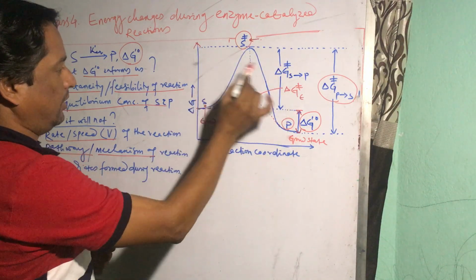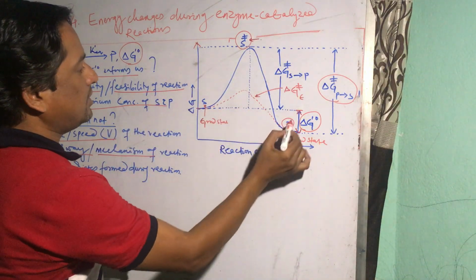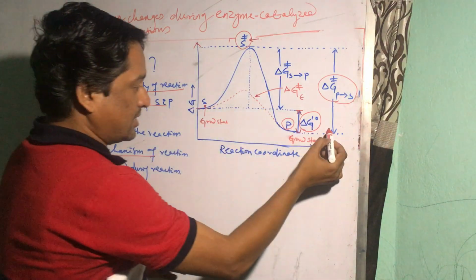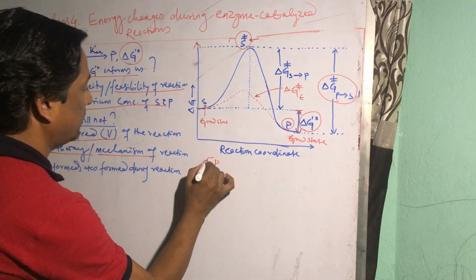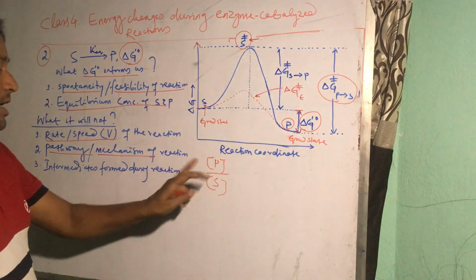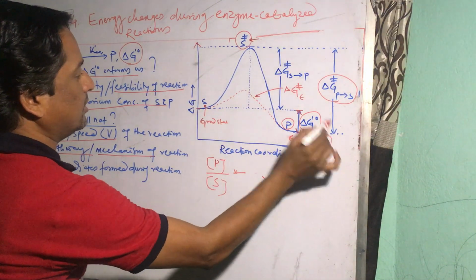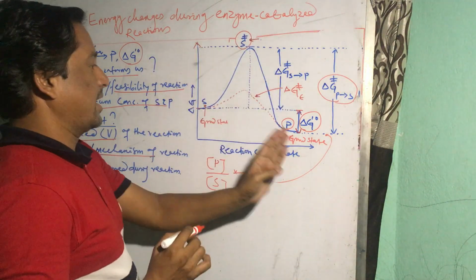Here it is to be noted that enzyme doesn't change the free energy of the reaction, and hence it doesn't change the equilibrium concentration between the product and the substrate. So enzyme doesn't change this and doesn't change this. It only speeds up the reaction.